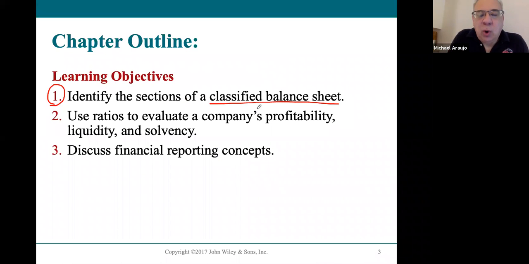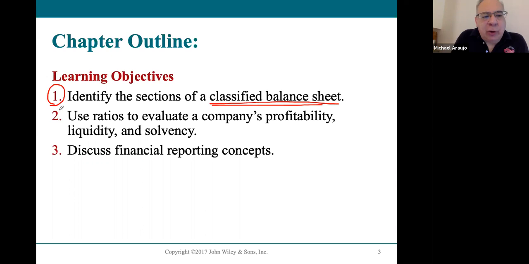And so we call this a classified balance sheet because we classify assets in certain categories, as you'll see today. And as you'll see on Thursday morning, we classify liabilities in certain categories. And so most of your work is going to be on the classified balance sheet.